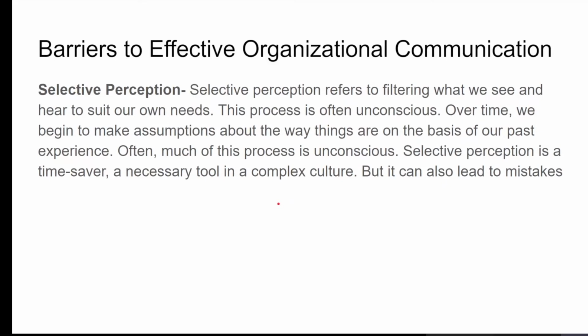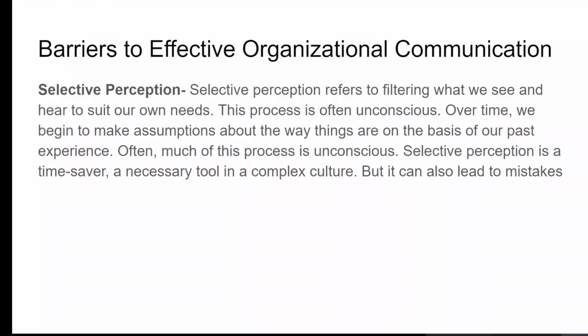Another big barrier to effective communication is something called selective perception. Now, selective perception, unlike filtering, which occurs when the sender manages the message and what's sent, is more so from the point of view of the receiver.